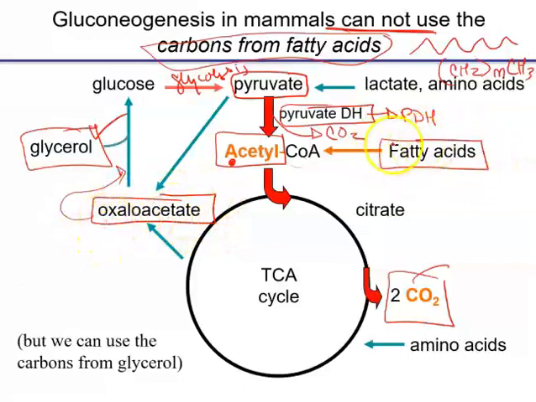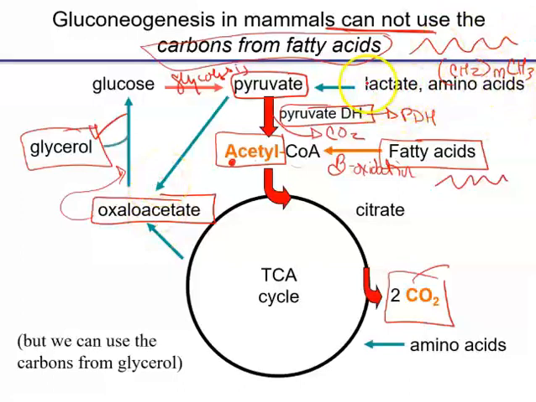When we oxidize fatty acids through the process of beta oxidation, again, those carbons from the tail of the fatty acids enter into the TCA cycle as acetyl-CoA, and we throw them out as CO2. So they never make their way into oxaloacetate over here.